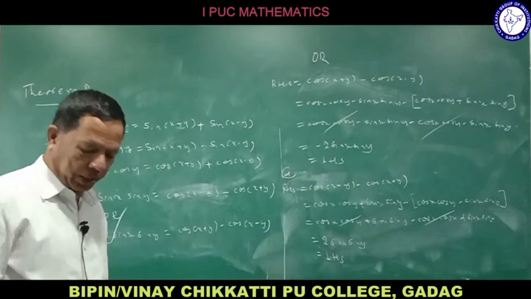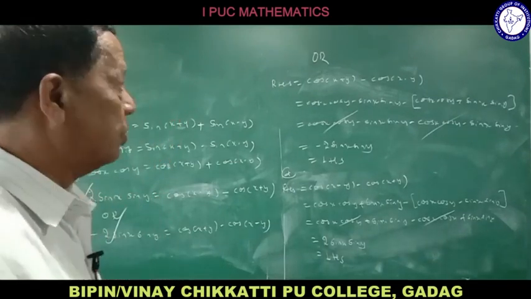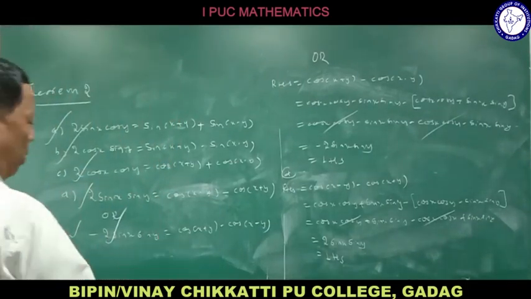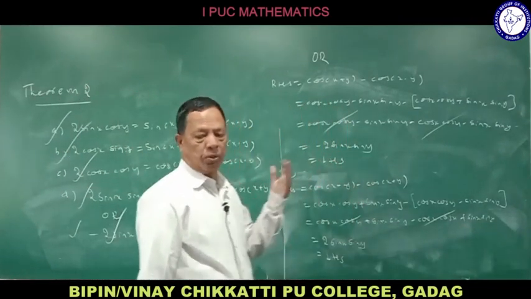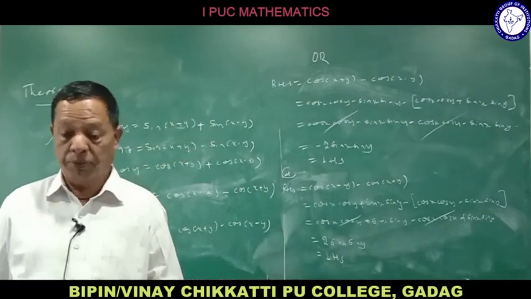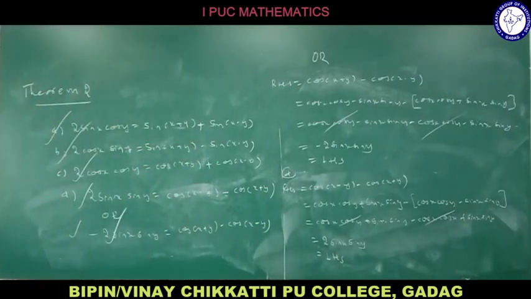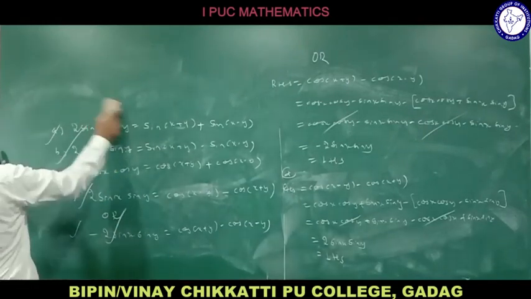And more in general, I tell you, these transformation formulae that we have proved, sum to product and product to sum, this is the end of transformation formulae. Now I have to see the problems on this. Nearly 20-30 problems we have to see.